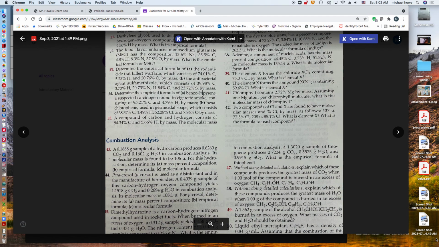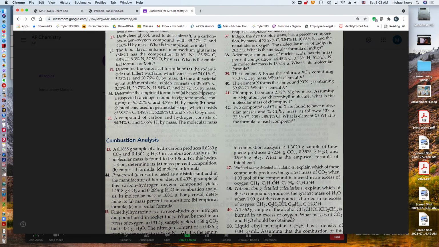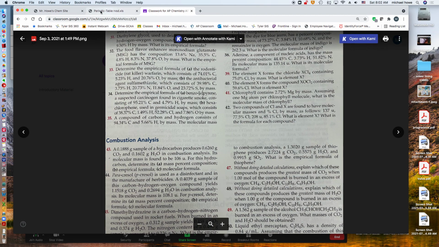So we know that chlorophyll only contains one atom of magnesium. So this one is a simpler problem, I think, than the last one we did.